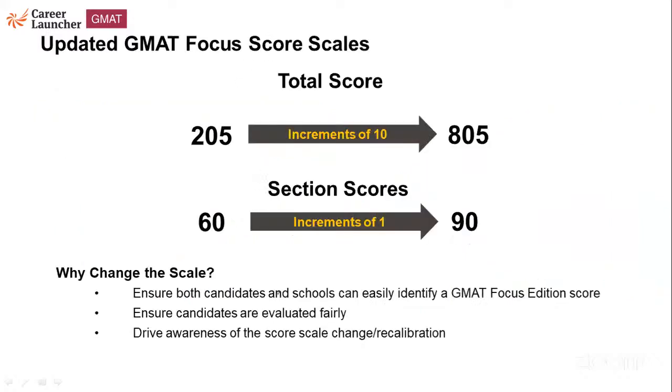Now the sectional scores and the overall score. You'll be getting 3 sectional scores, quant, verbal, and data insight, in the range of 60 to 90, 60 being the minimum, 90 being the maximum. Separate individual scores for each section.